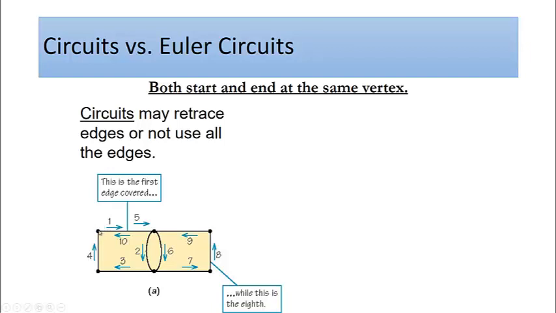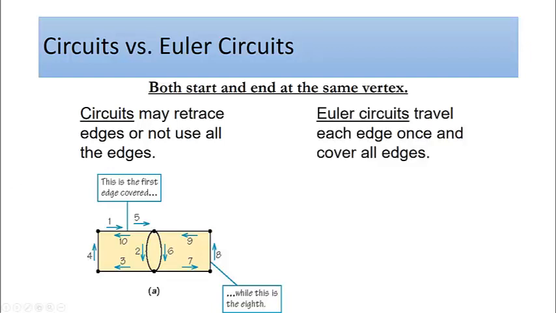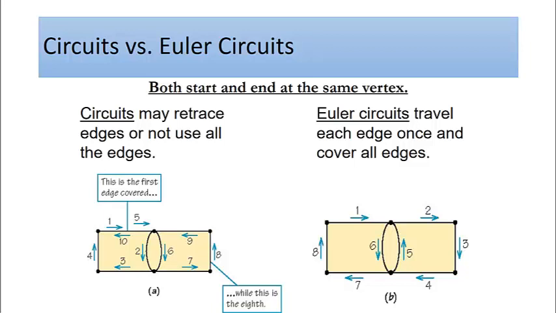So in this particular circuit, we've started and stopped at this vertex here. We've covered this edge of our graph 3 times. So it is a circuit, but not an Euler circuit, because for an Euler circuit, we want to travel each edge once and make sure that we cover all of the edges. So here's that example of that Euler circuit on the same graph.